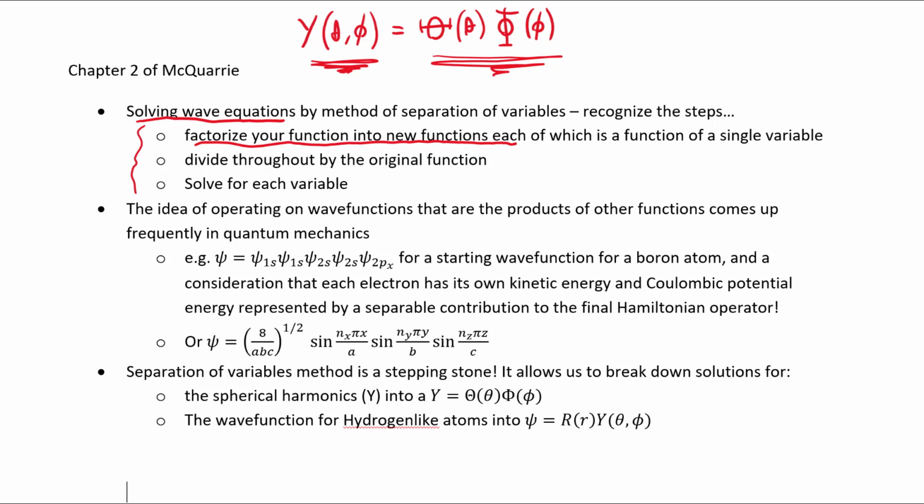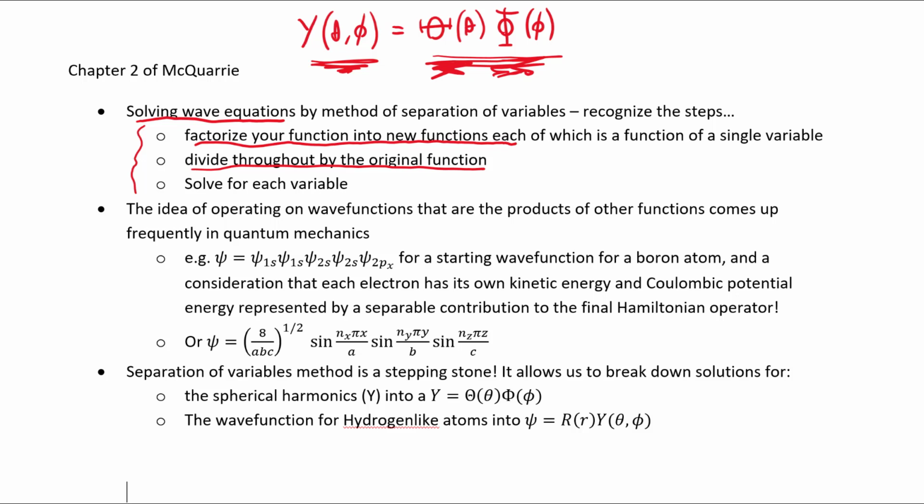Often we're taking derivatives, and if we're taking a derivative with respect to phi, then obviously we can move the theta term outside of the derivative. There's an approach to doing that, and that's really the approach that we're going to take a lot in this course. Once we've done that, we're going to divide throughout by the original function, and that allows us to come up usually with two terms.